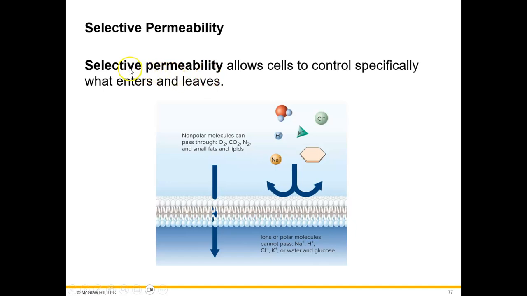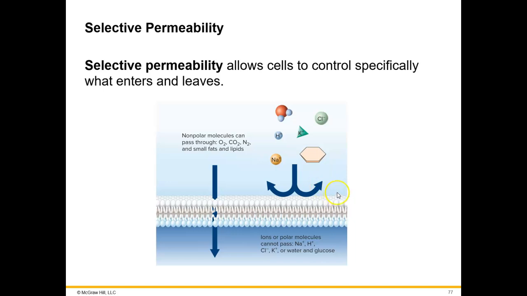And selective means not just anything can come through or go out, only certain things can. So, like I mentioned before, only non-polar molecules are going to be able to pass through our phospholipid bilayer. Those are things like O2, CO2, N2, also small fats and lipids, non-polar things that are going to be able to diffuse through this plasma membrane.